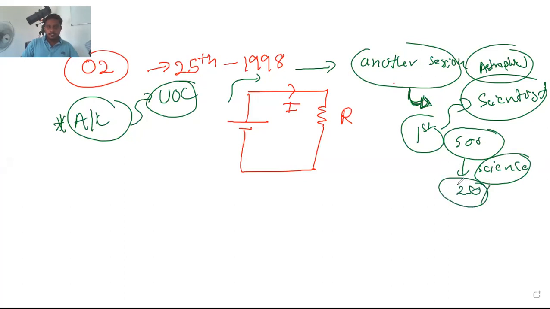So I was a union member of the university at that time in the UOC. I was a union member. So almost 250 students left the country. Most of them migrated to the US, some of them to the UK, and some of them to Aussie.